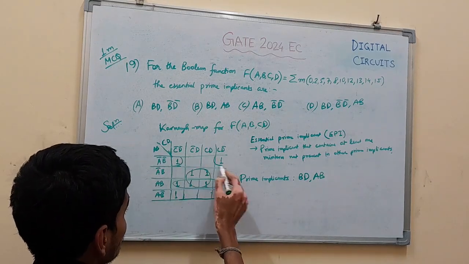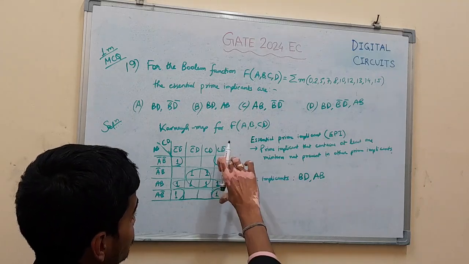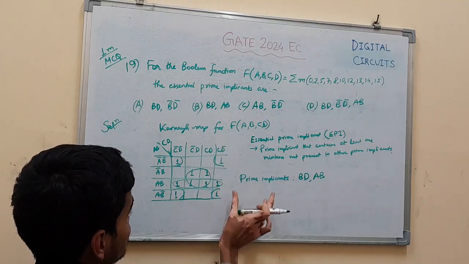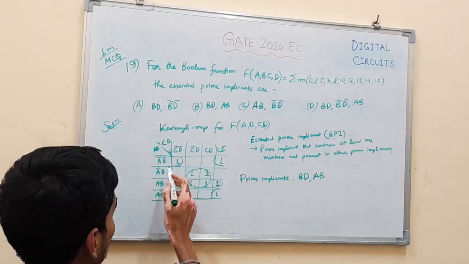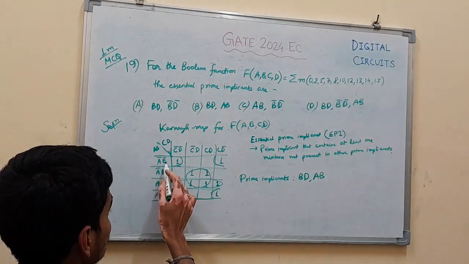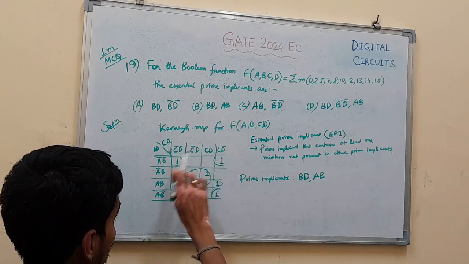And there are four ones that can be grouped like this also, because the K-map is repetitive. These four ones will form one group. And what is common in that group? B bar is common, D bar is common, B bar and D bar, as you can see.